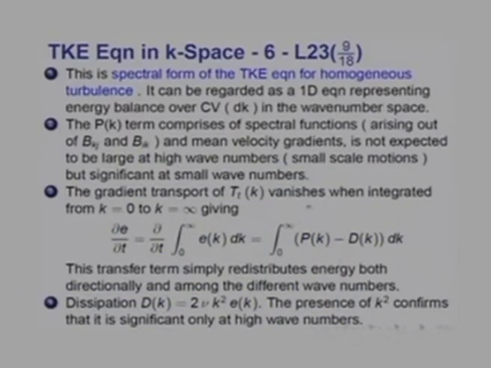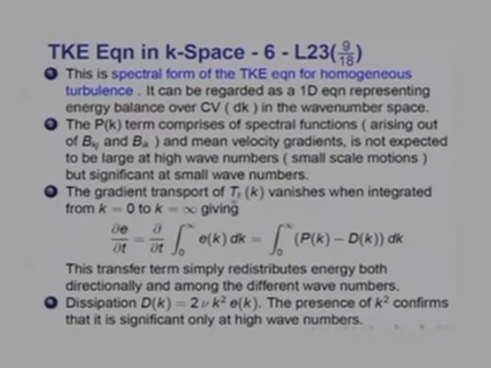We can look upon this equation as the spectral form of the turbulent kinetic energy equation for homogeneous turbulence, and it is nothing but a one dimensional equation representing the energy balance over a control volume dk in wave number space. The P k term comprises spectral functions arising out of B kj and B ik, multiplied by the mean velocity gradients, and is not expected to be large at high wave numbers, where the velocity fluctuations have almost died down and viscosity has taken over. So, the P k term would largely dominate at small wave number.